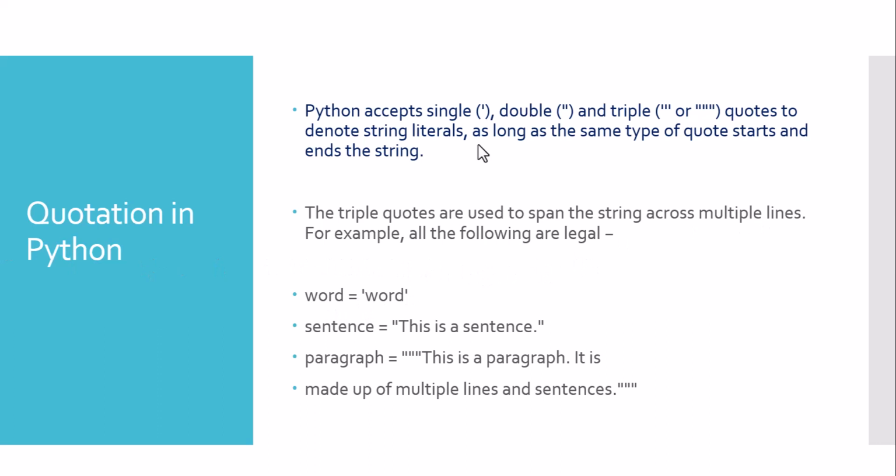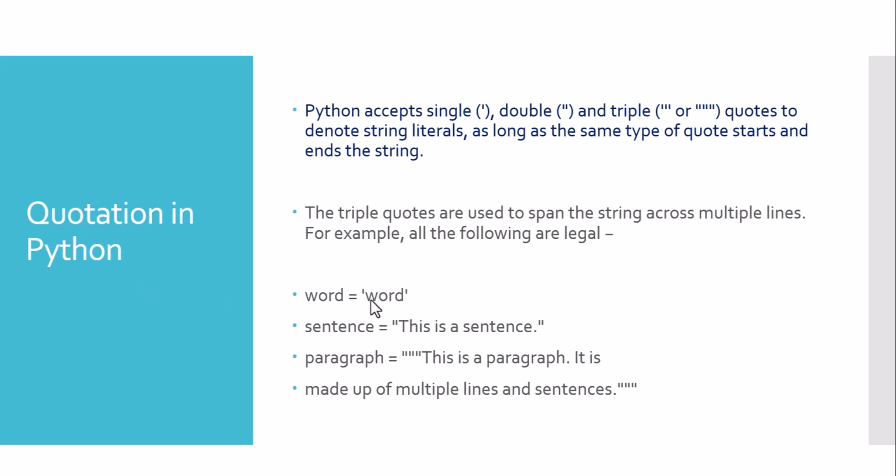We already saw the single quote and double quote, and we can use the triple quote also. This is the variable declaration, and you can use single quote, double quote, and triple quote also. So these are the quotations in Python.